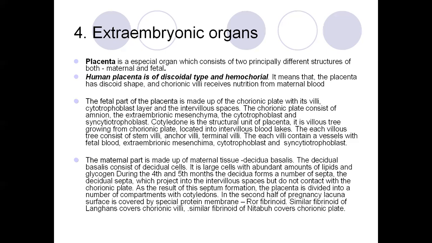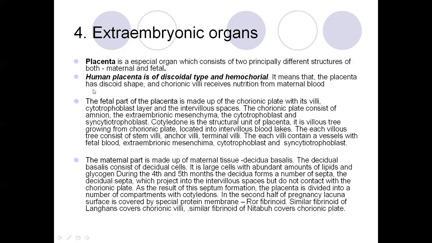And hemochorial means the chorionic villi receive nutrition from maternal blood. So, the human placenta is discoidal and hemochorial type: discoid means it has a discoid shape, and hemochorial means the chorionic villi receive nutrition from maternal blood, from the maternal part.